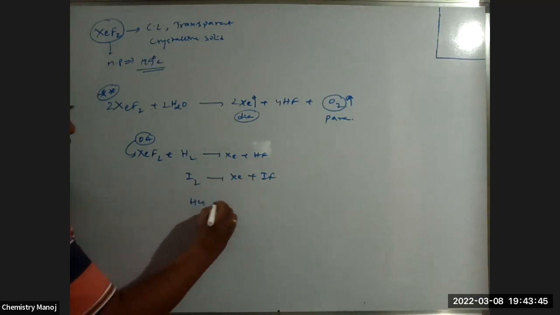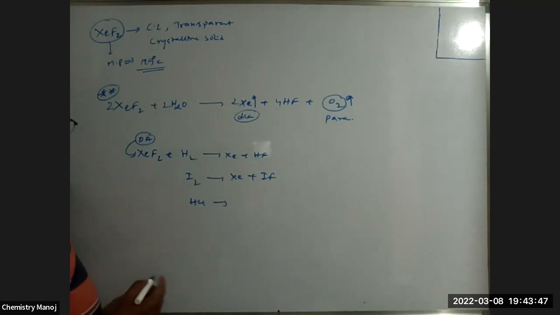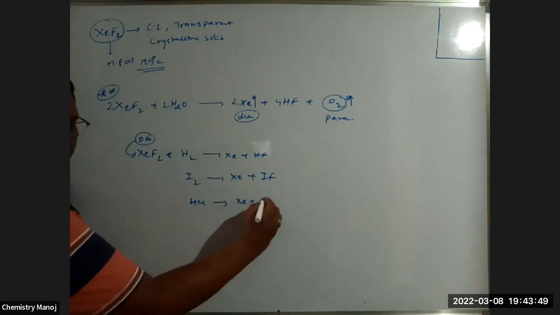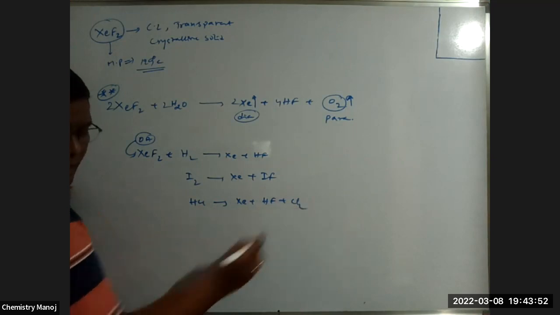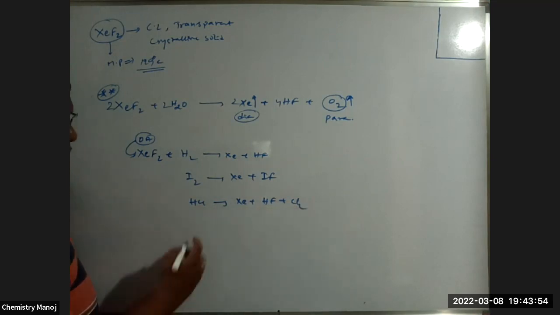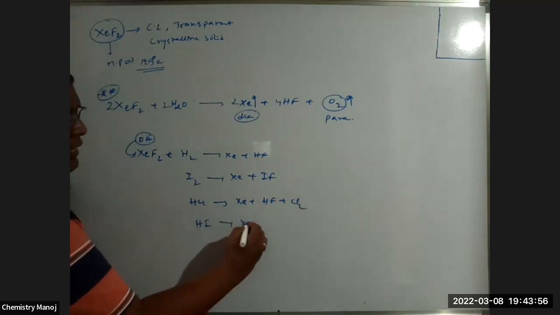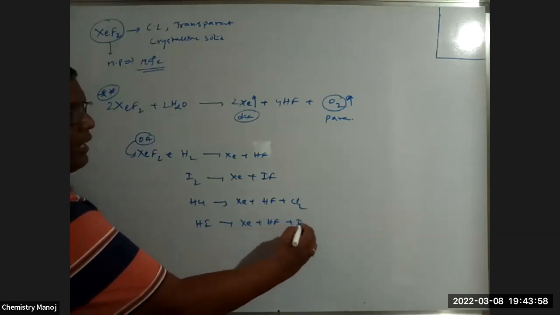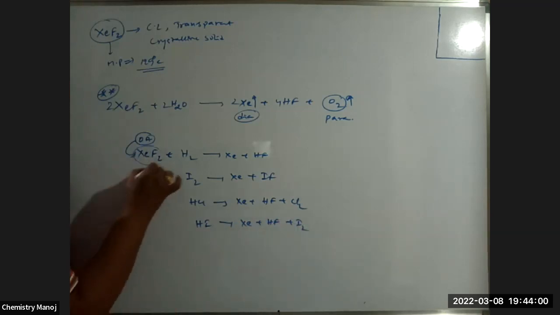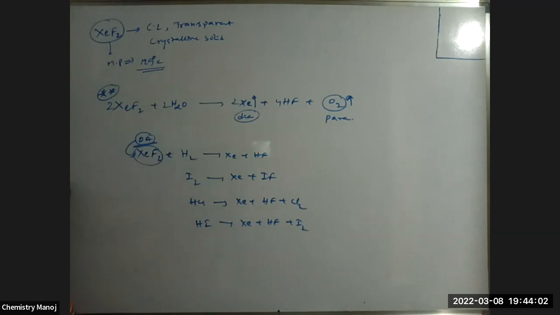When it reacts with HCl, that gives Xe plus HF plus Cl2. When it reacts with HI, it gives Xe plus HF plus I2. In all these cases, XeF2 acts as an oxidizing agent.